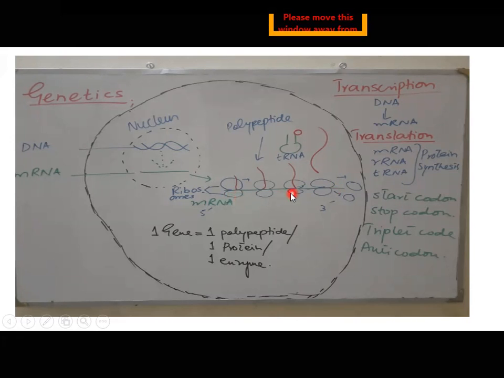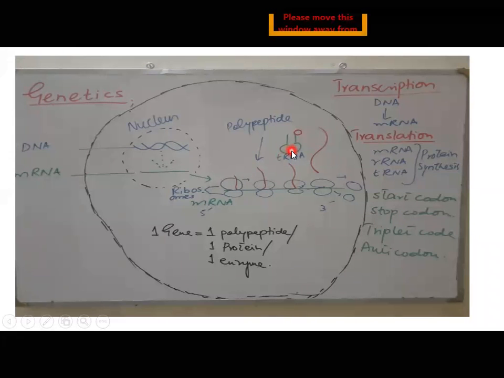These ribosomes read the information in the form of the codons on the messenger RNA, and then the transfer RNA carries the anticodon at its base, which is complementary to the codon.